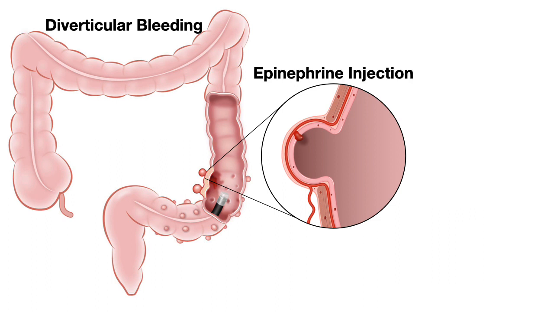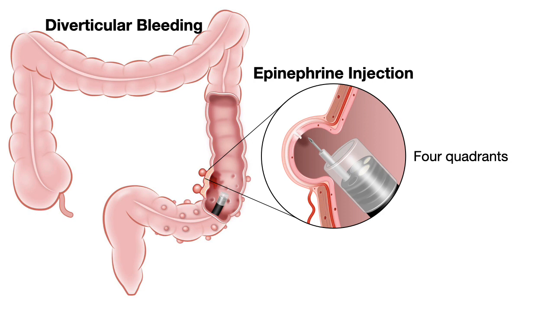One option is epinephrine injection. And when it comes to epinephrine injection, how do we go about delivering the epinephrine? Epinephrine injection is given in a dilution of 1 in 20,000. 1 to 2 ml are injected around the site of the bleeding and also in 4 quadrants that will create vasospasm of the vessel, allow the clot to form, and stop the bleeding.